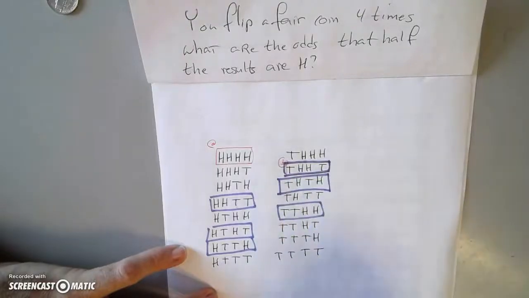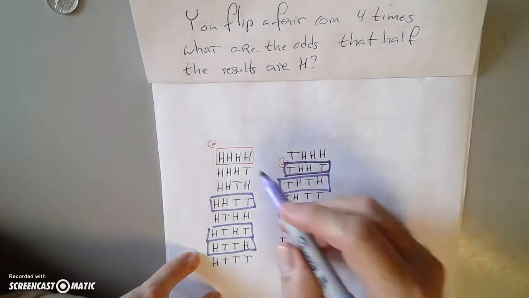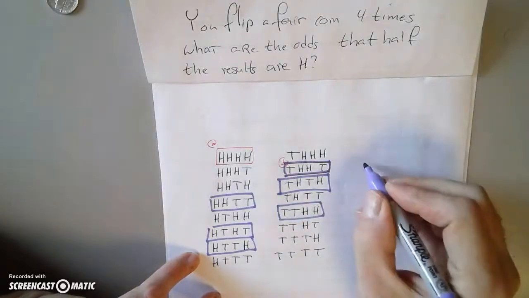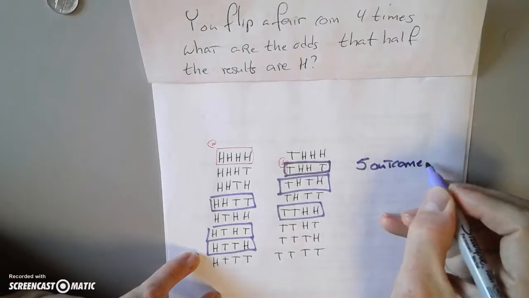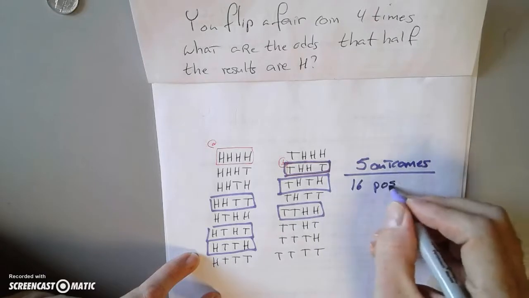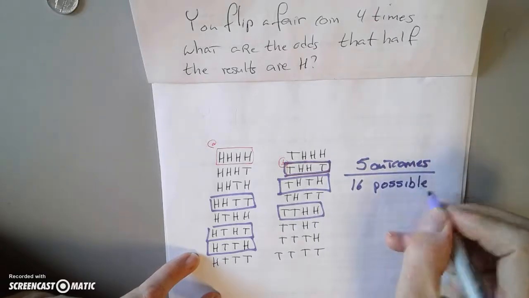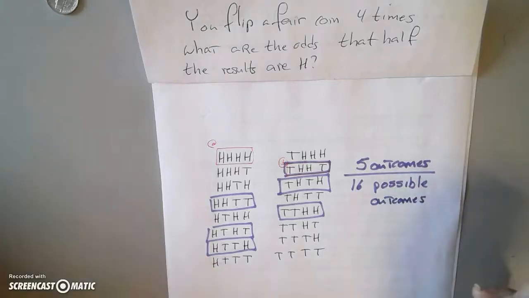This is half heads and tails. And so we see there are, did I get them all? I think so. So there are 5 outcomes out of 16 possible outcomes, which is close to a third.